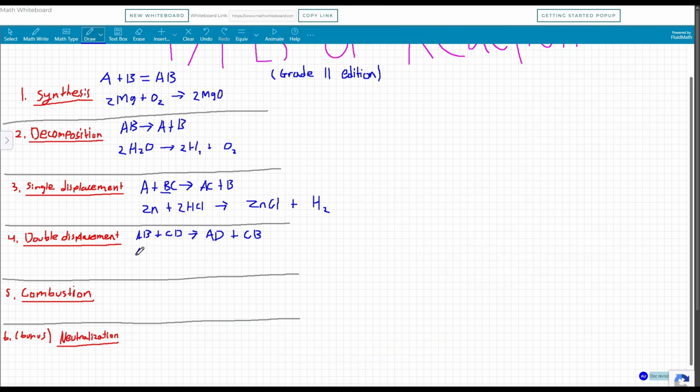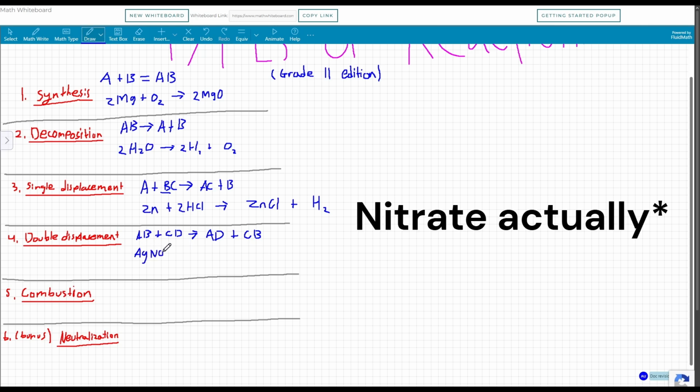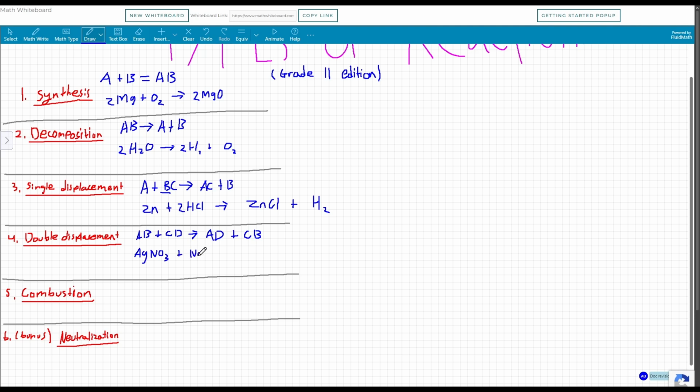So we have, let's say, silver nitrite plus sodium chloride, which will give us silver chloride plus sodium nitrite.